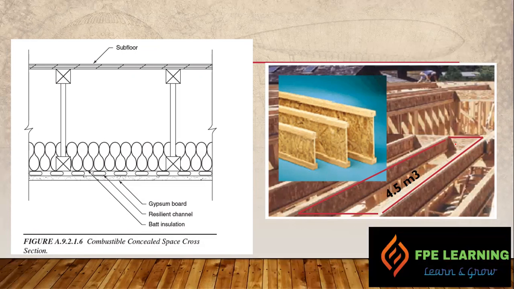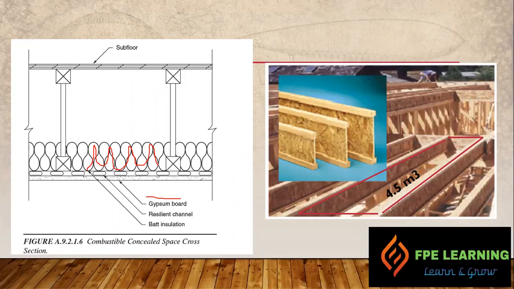So suppose this is one volume protected, as in the figure on the left. You can see here we have the gypsum board and then some resilient channel, right? And then we have the bat insulation, which is non-combustible insulation.